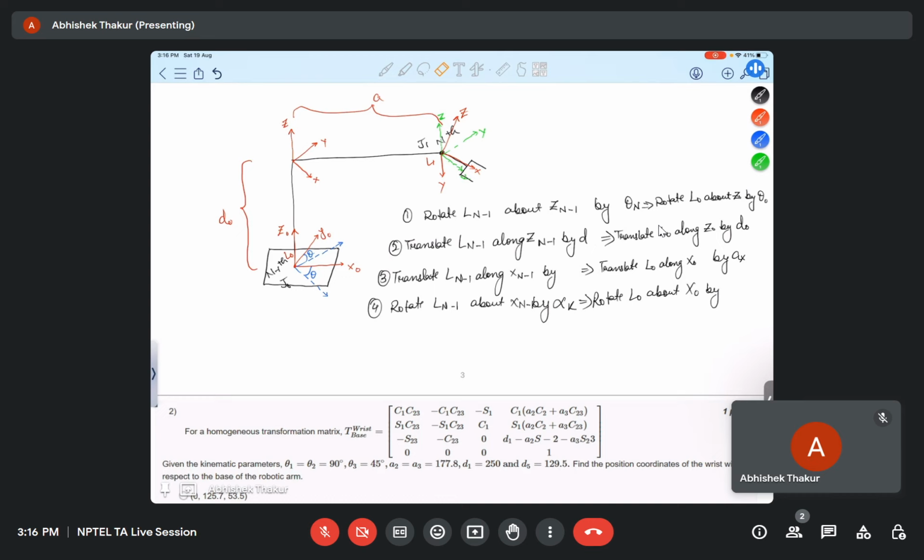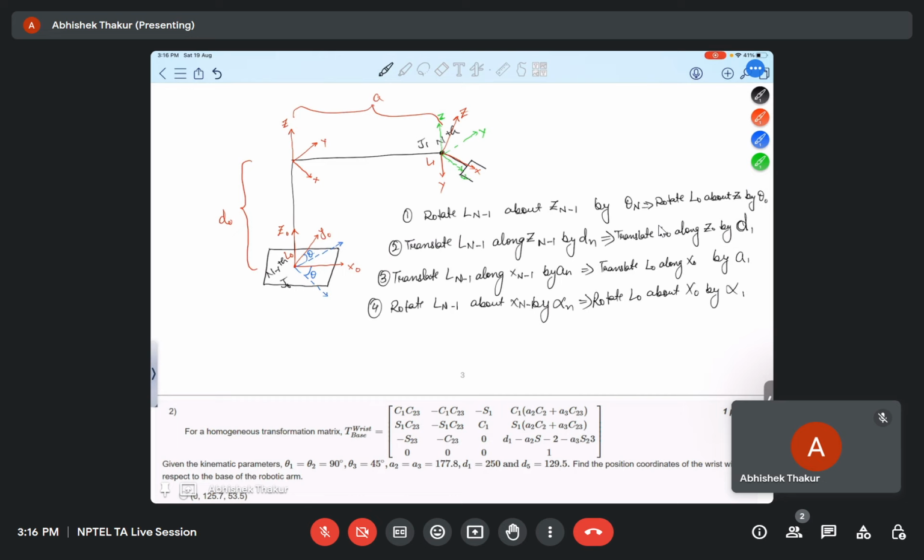These all are theta N, DN, AN and alpha N. So it will be theta 1, D1, A1 and alpha 1.